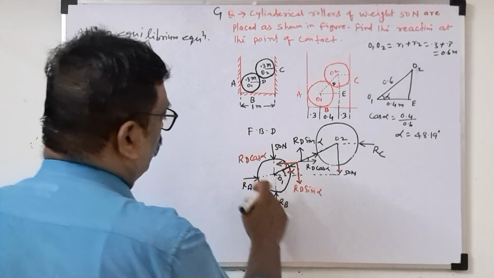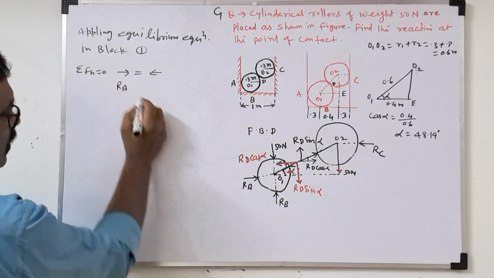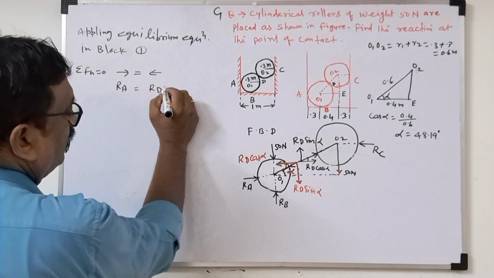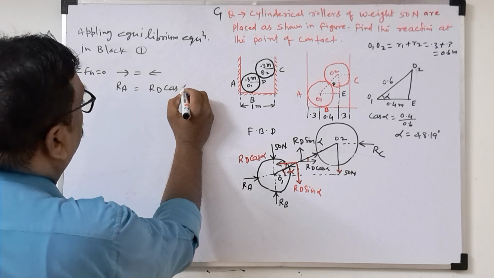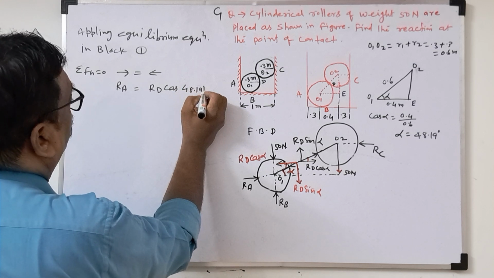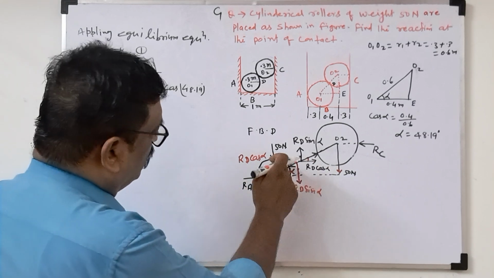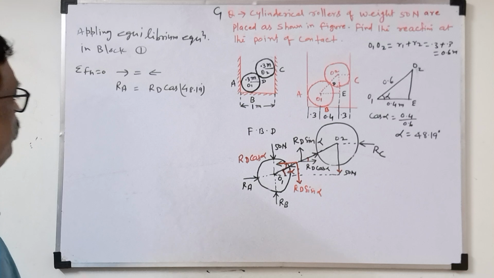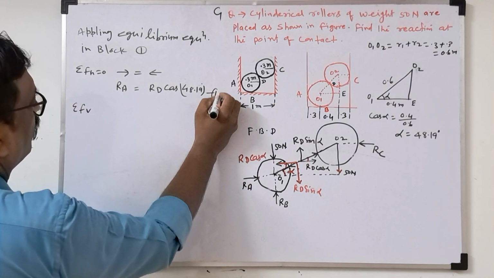So Ra going rightward, then coming Rd equals Rd cos alpha. Alpha we can take as 48.19 degrees. This is equation number 1.